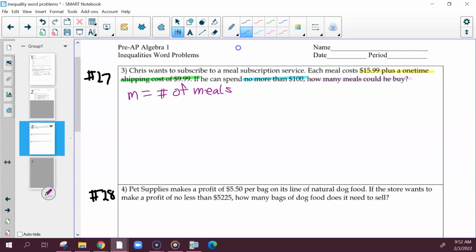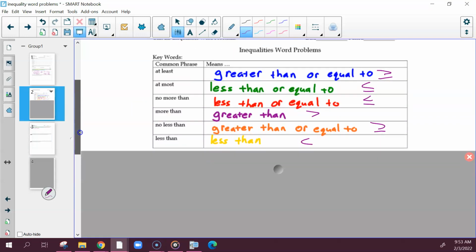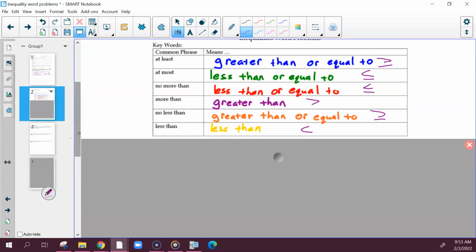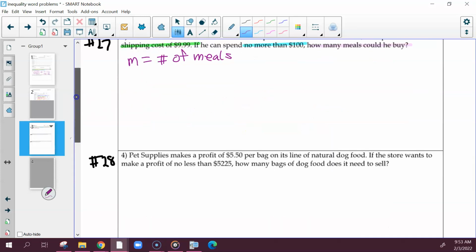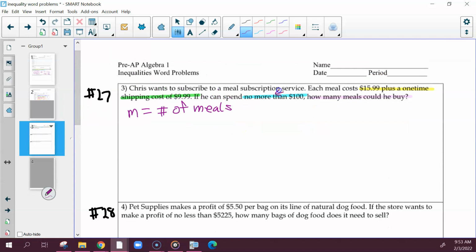No more than, which would be less than than or equal to. No more than $100, he cannot spend more than what he has. It actually tells us that we are going to add. And we know each meal costs $15.99.